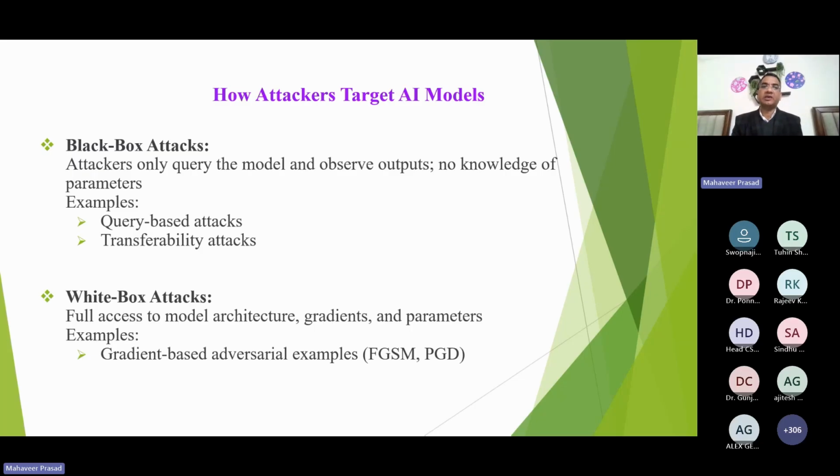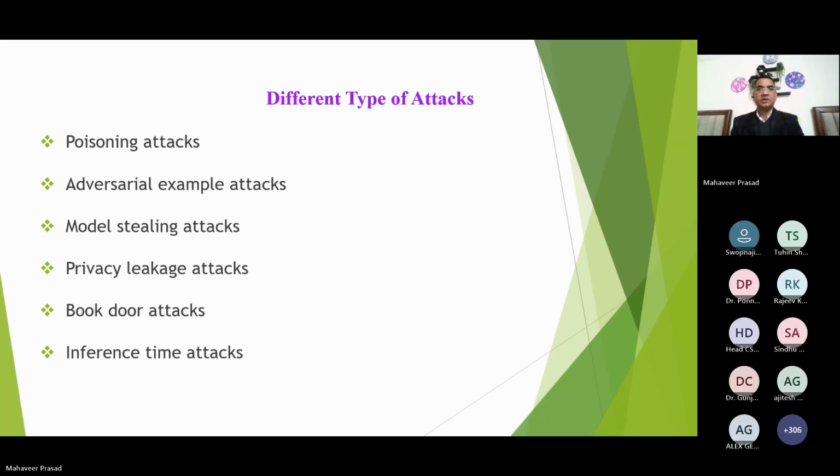If you know the internal architecture of the model, then we say it is a white box attack. Coming to the different types of attacks: poisoning attack, adversarial example attack, model stealing attack, privacy leakage attack, backdoor attack, and inference time attack.